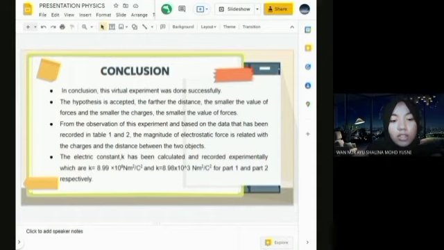The electric constant K was calculated experimentally as K equal to 8.99 multiplied by 10 to the power of 9 newton meter squared per coulomb squared for part 1, and K equal to 8.98 multiplied by 10 to the power of negative 3 newton meter squared per coulomb squared for part 2.